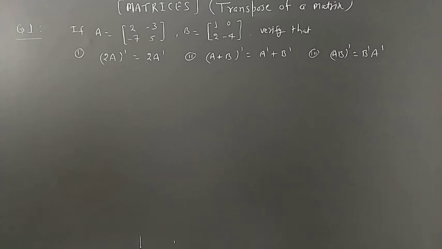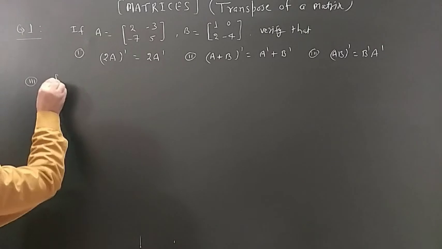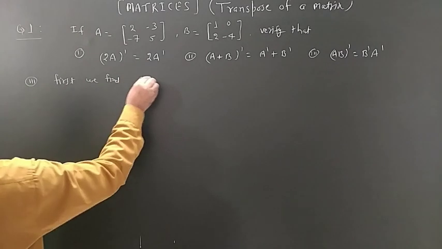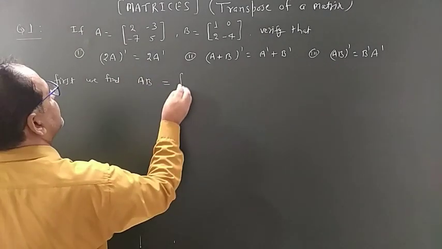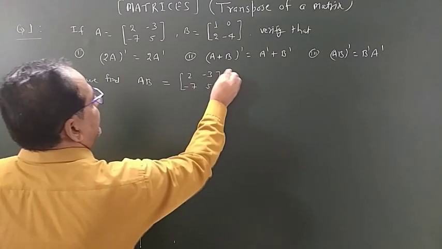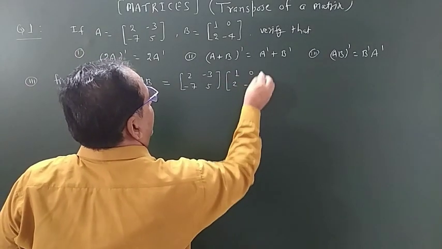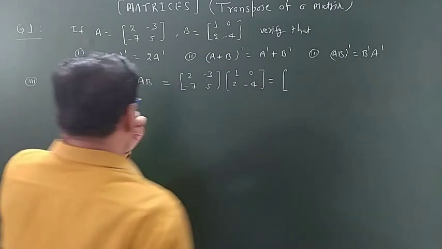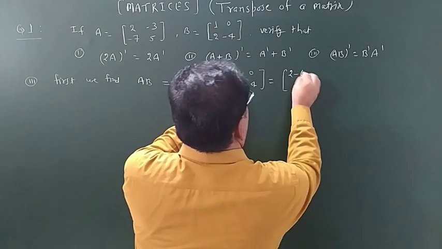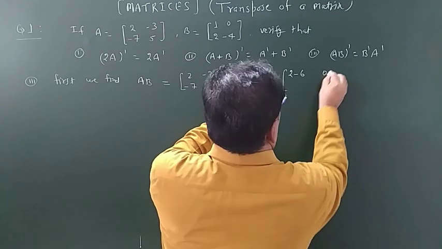Now the third part of this question. First, we find AB. That means the first matrix 2 -3 -7 5 into the second matrix 1 0 2 -4. Now multiply. So we have 2 times 1 plus -3 times 2, that is -4, 2 times 0 plus -3 times -4, that is 12.